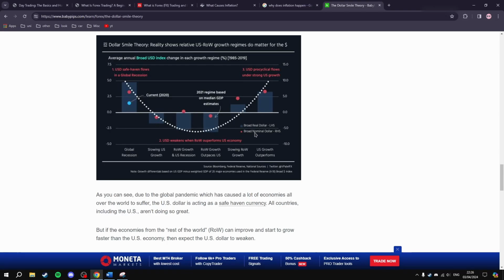What's this red dot? Broad real dollar. Broad nominal dollar.